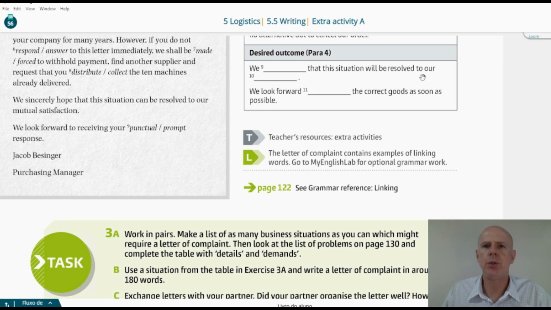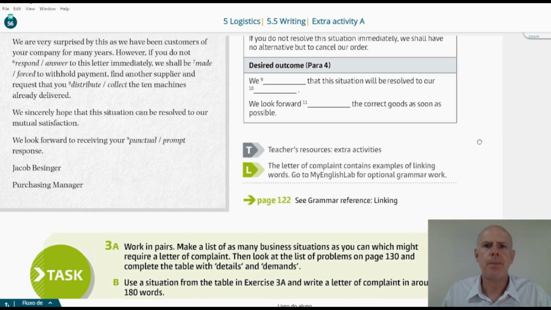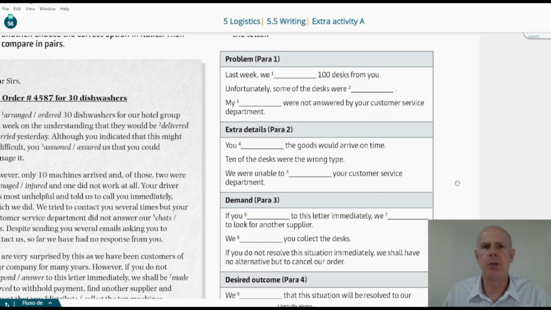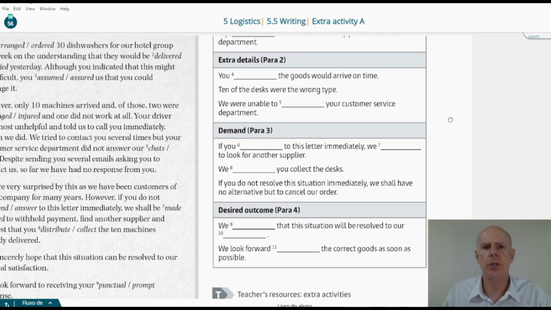We sincerely hope that this situation will be resolved to our mutual satisfaction. It's very polite, right? We look forward to receiving the correct goods as soon as possible. You see, polite, formal, not long.